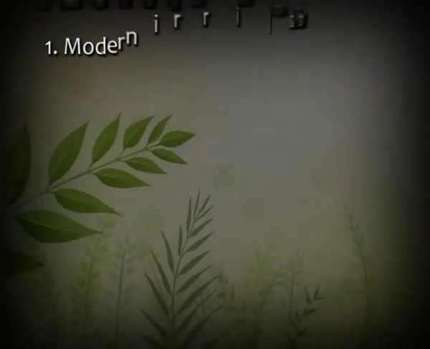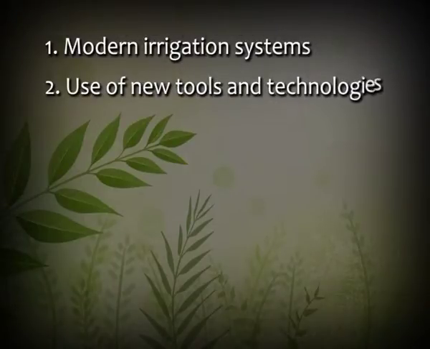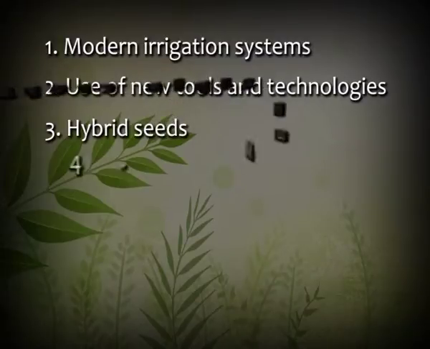Therefore, raising the level of intelligence of agrarian community is an added requirement to the already existing rich farming knowledge practices. This is done in order to acquaint them, that is the farmers, with the following advantages. 1. Modern irrigation systems. Number 2. Use of new tools and technologies. 3. Hybrid seeds. 4.